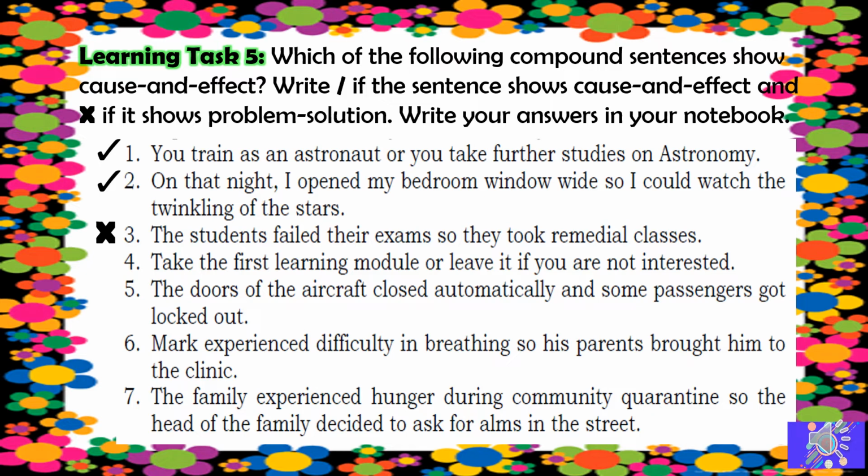And number 4, this sentence is an example of a cause and effect. And number 5 is also a cause and effect. And number 6, okay, this is a sentence that shows problem solution. And number 7, the answer is problem solution sentence. Okay.